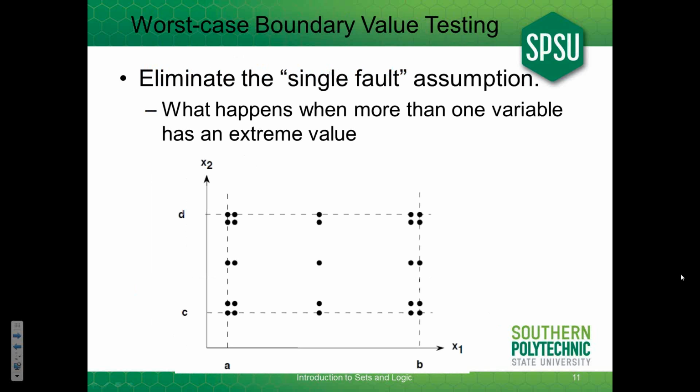Now we get to the next boundary value testing technique called worst case. That's when you eliminate that assumption of single fault. It means now all my variables can take on all the values.